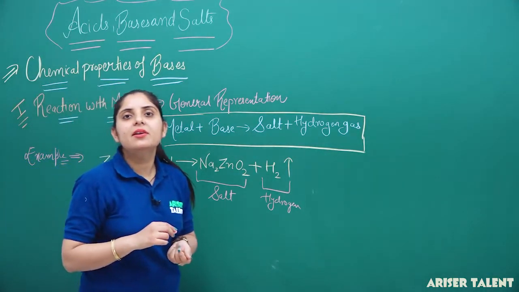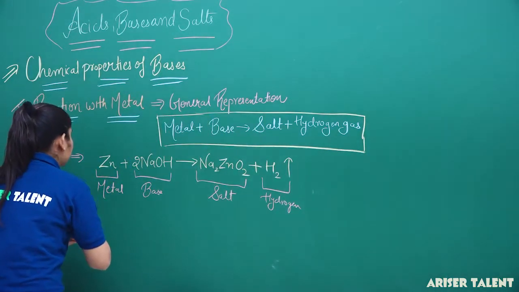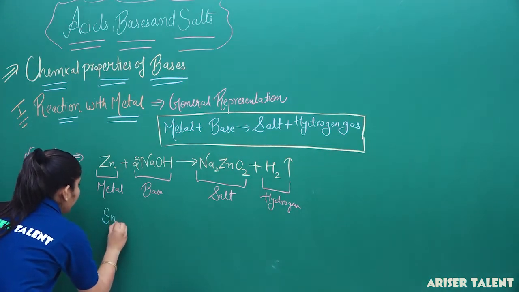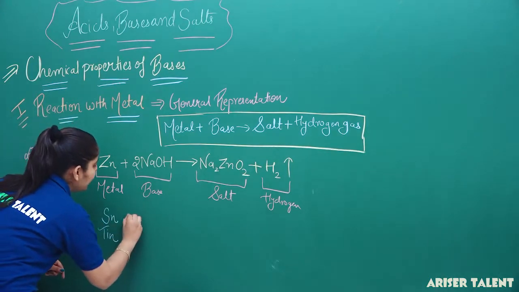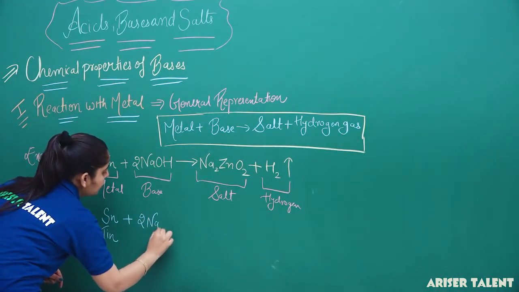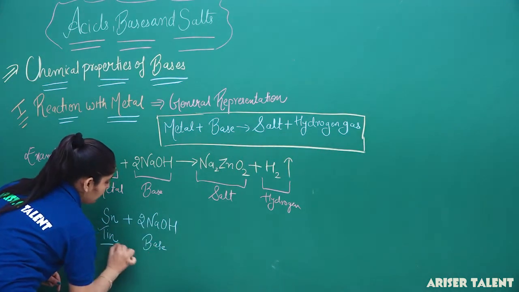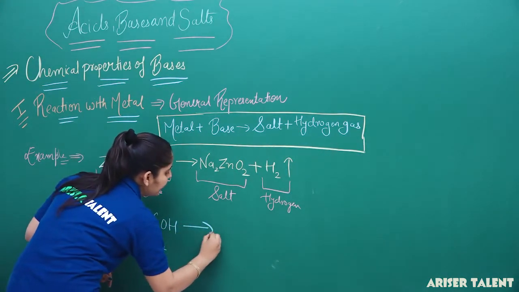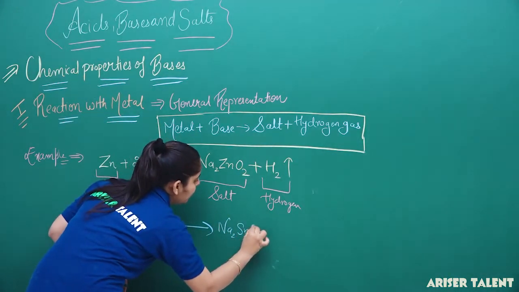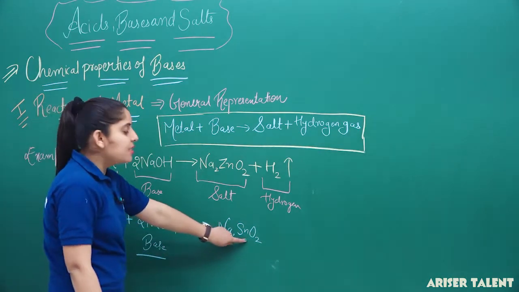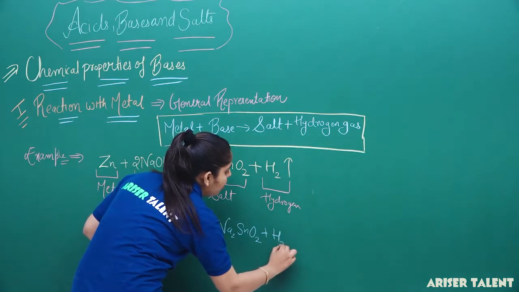Now I am considering another metal, that is tin. Tin is basically known as stannous. Sn is the metal tin. Now, we are reacting tin with sodium hydroxide, that is base. What will we get in the product side? Again, we will get Na2SnO2, that is sodium stannite, with the evolution of hydrogen gas.